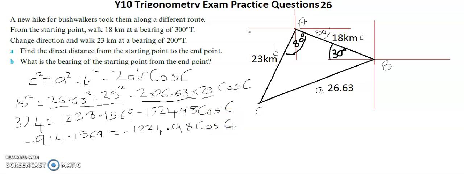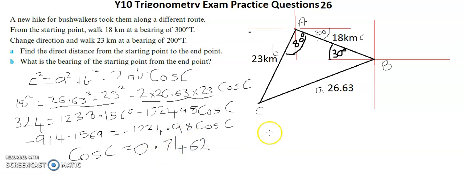The next step is we need to get cosine c by itself, so we divide both sides by negative 1,224.98. That gives me cosine of c equaling 0.7462.